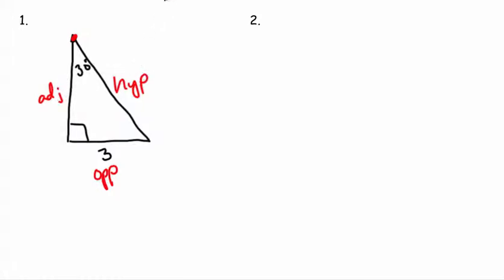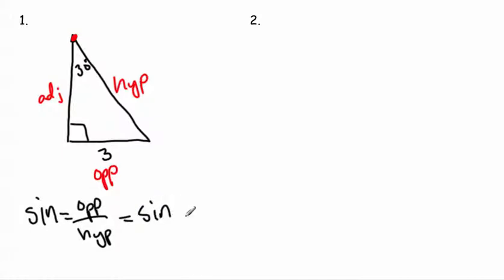Okay, so I know that sine is opposite over hypotenuse, which in this case, sine of 30 degrees is going to be opposite, which is 3, over hypotenuse, which is x. So I can do some algebra here and solve for x.